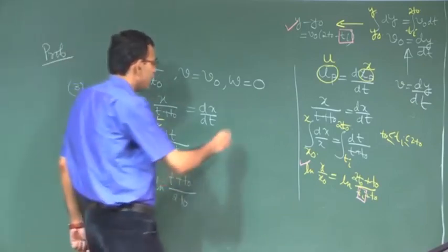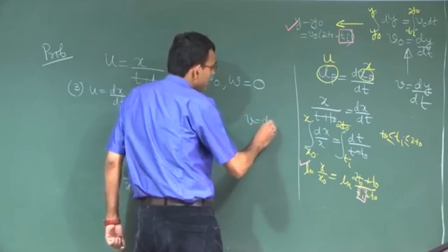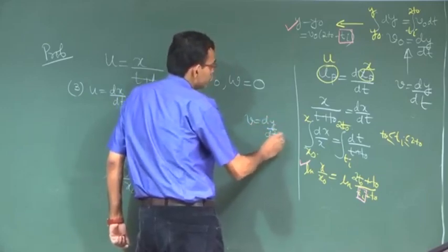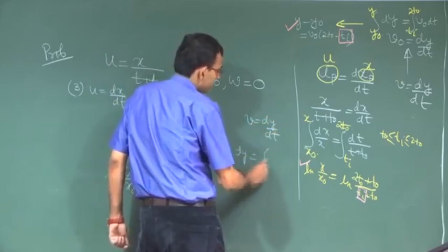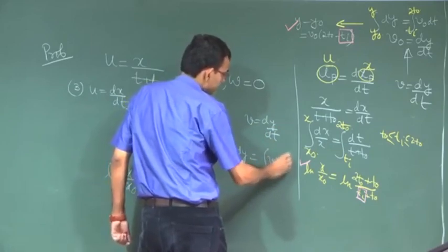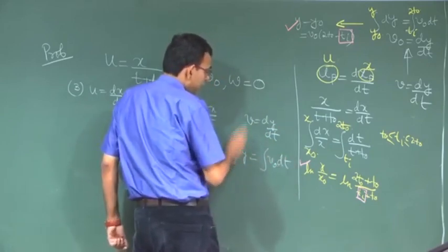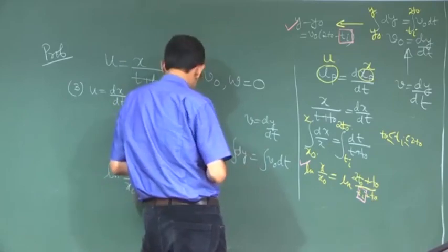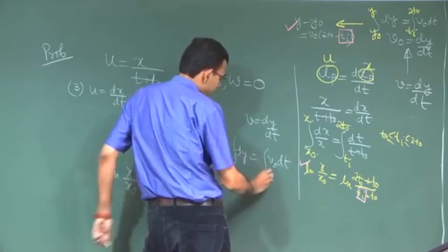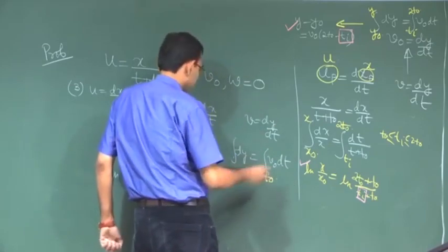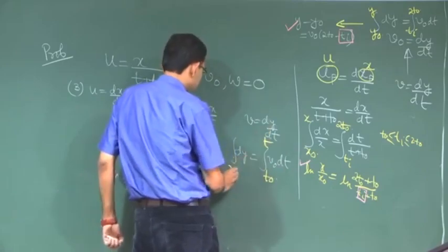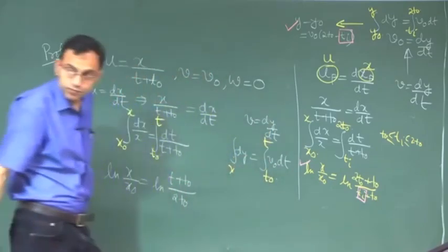and similarly you have v is equal to dy dt. So, dy is equal to v0 dt, integral dy is equal to integral v0 dt. So, your time starts with t0 to t, this is x, y0 to y.